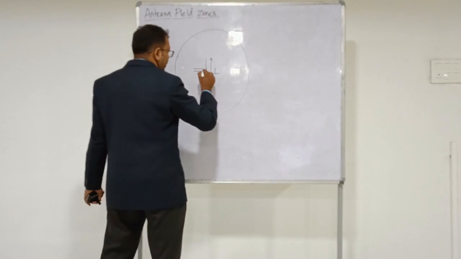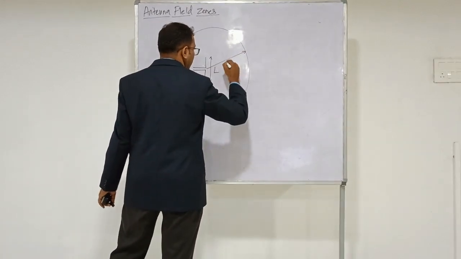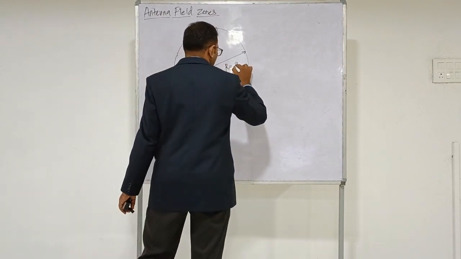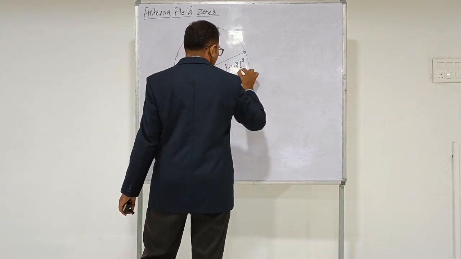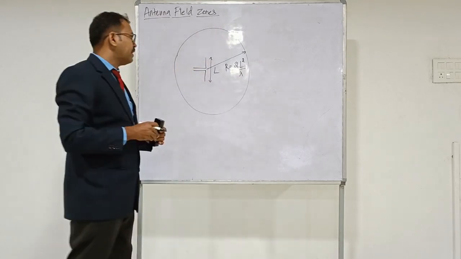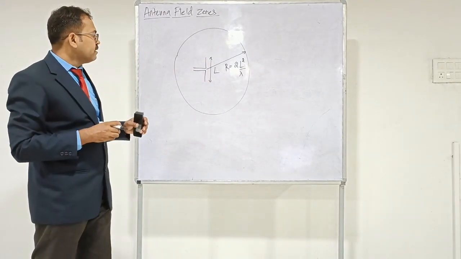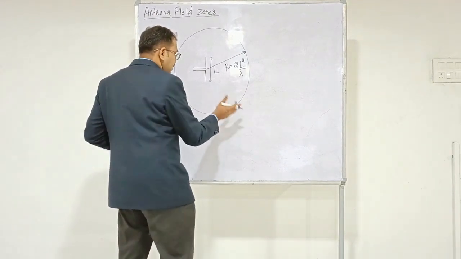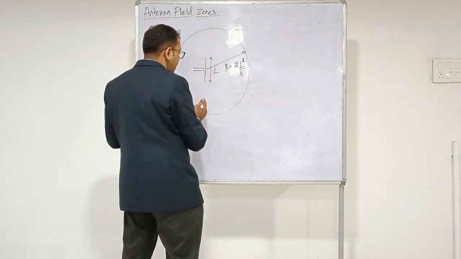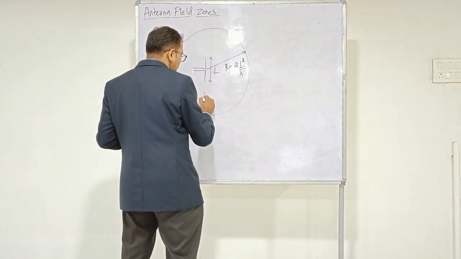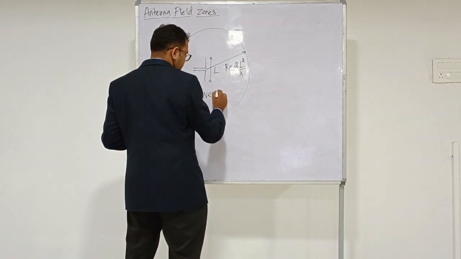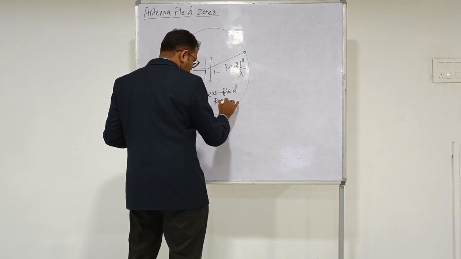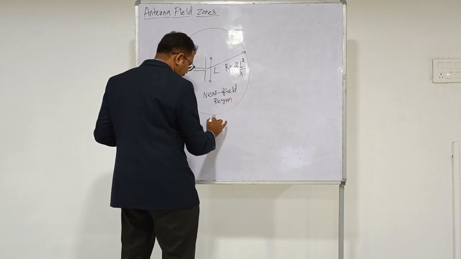Right? So let the radius of the sphere be L square by lambda, where L is the length of the antenna, right? So I have drawn a sphere segregating two regions around the antenna, right? So this region inside this hypothetical sphere, I call it as near field region, and the outer one I call it as far field region.